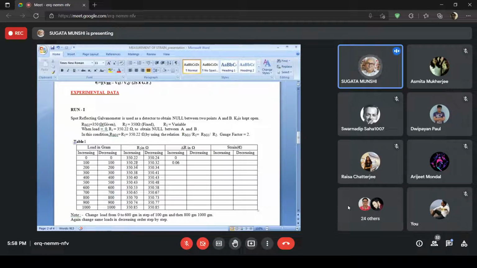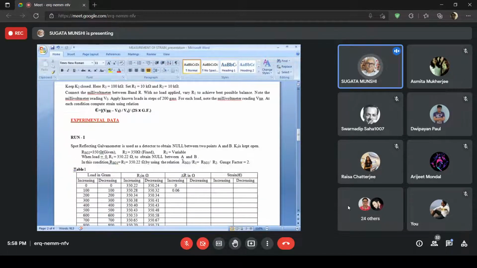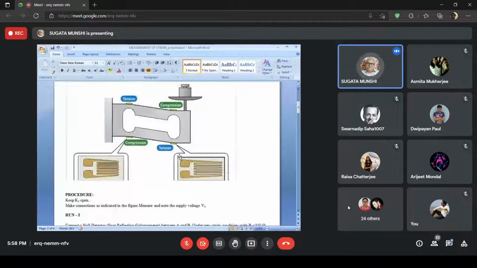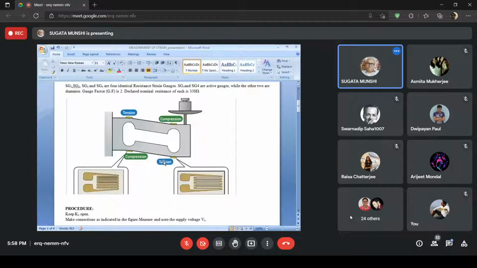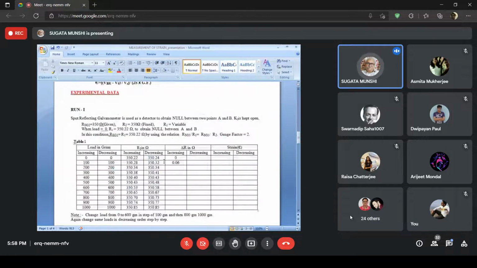0.12 in this way. So all these delta R in reality are actually the values of change in resistance of SG1, because the change in resistance value R1 to attain the bridge balance is the same as the change in resistance value of SG1. So you get all these delta R values.